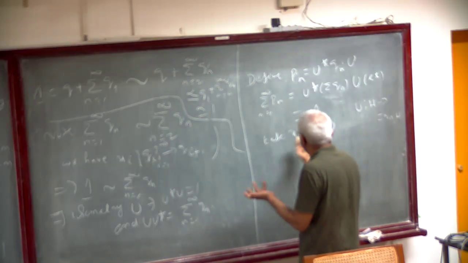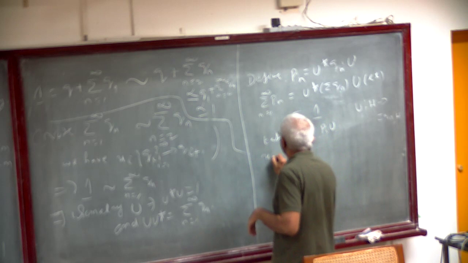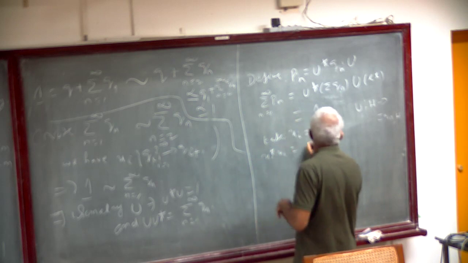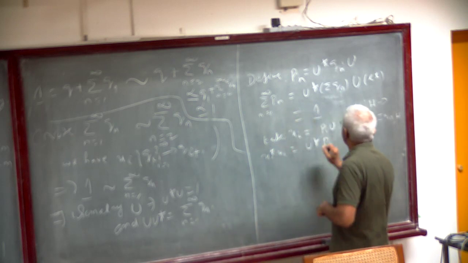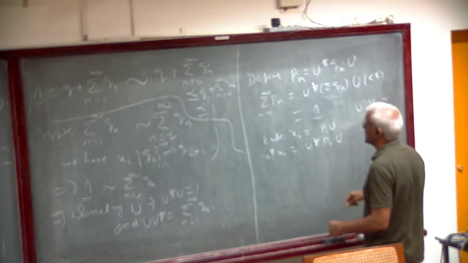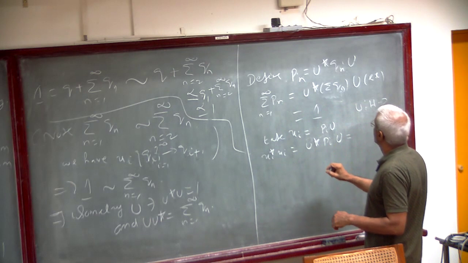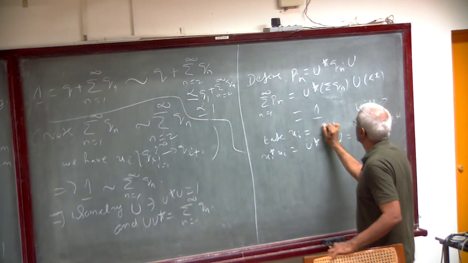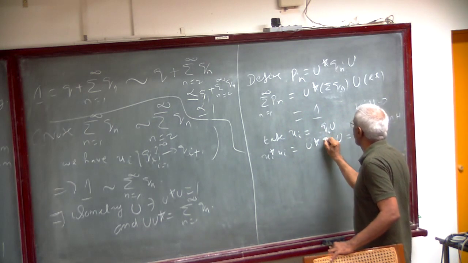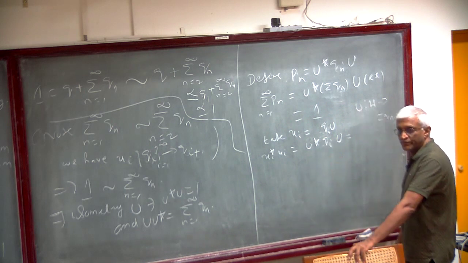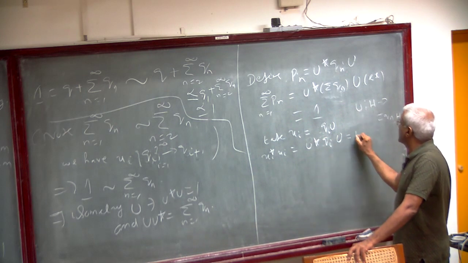You have to show that ui star ui is a projection. Then ui star ui equals U star Pi U, right? And that is equal to, no, sorry, Qi, please. Now this will be Pi, right?